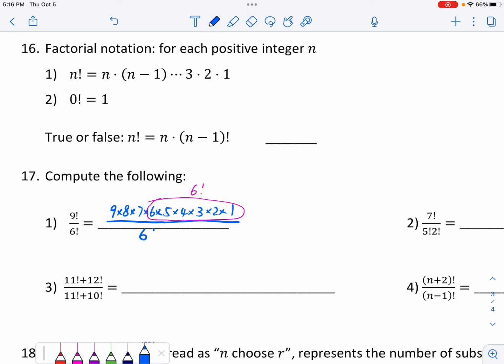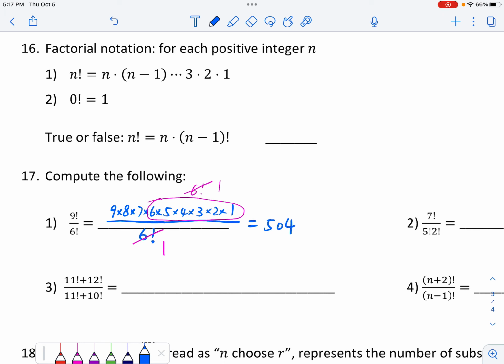Here's the reason I did not expand the 6 factorial, because I want you to see that 9 factorial can be written as 9 times 8 times 7 times 6 factorial. It is a little redundant to expand this, and then I can cancel that, so they cancel to 1. Therefore this is equal to 9 times 8 times 7, which is 504.